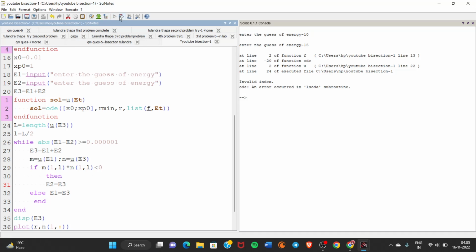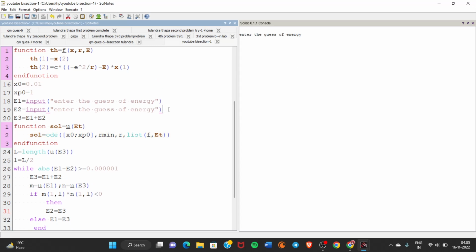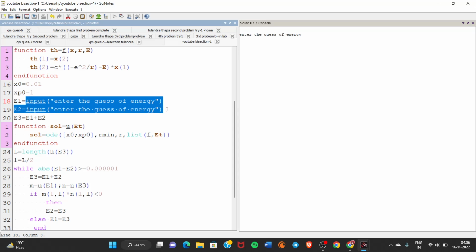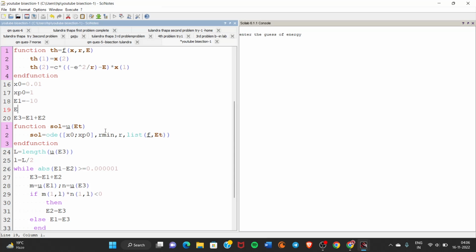There is an error. Let's see if we have to write it again and again. So I will just erase these and put the value like minus 10 and minus 10, and E2 can be minus 15. So I don't have to write it again and again.